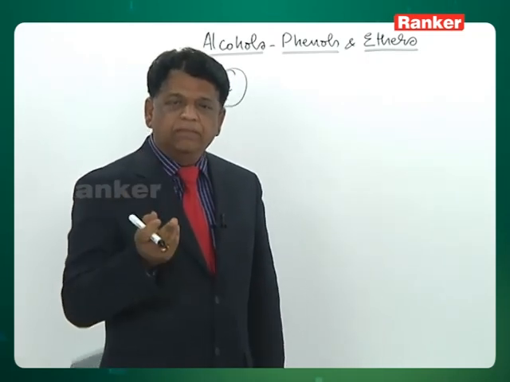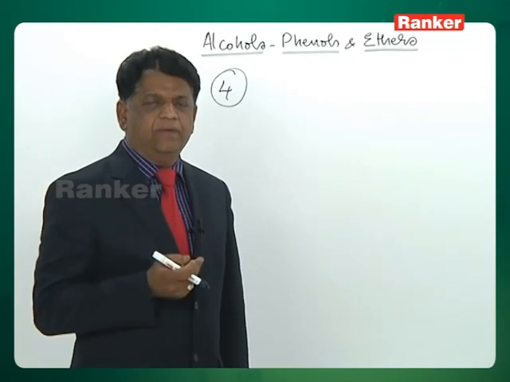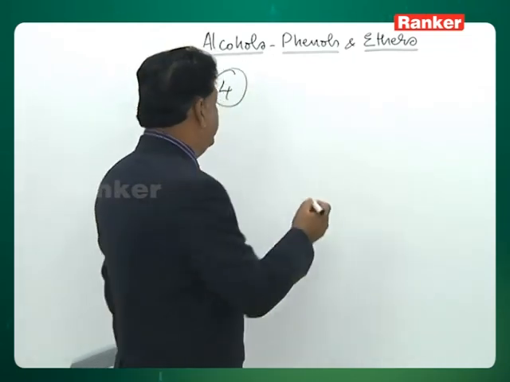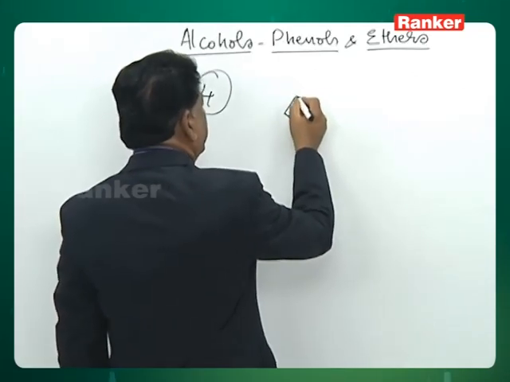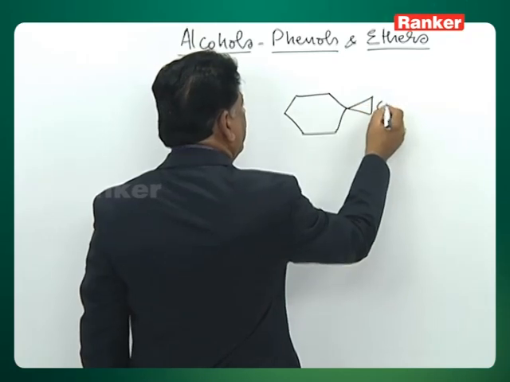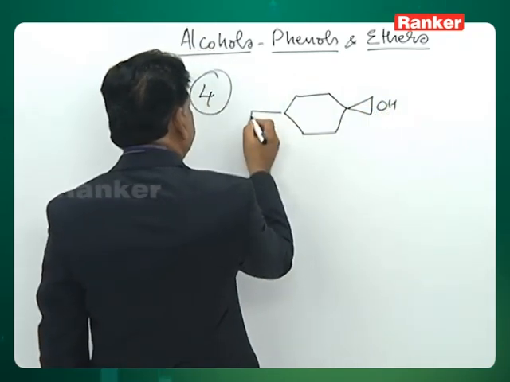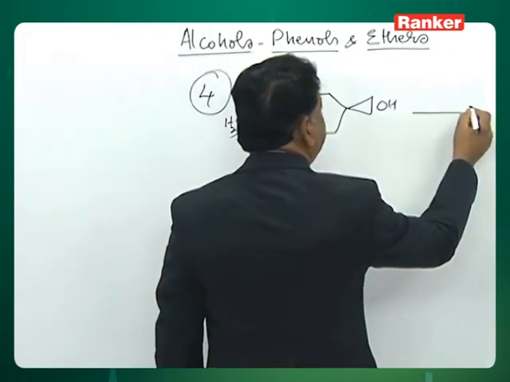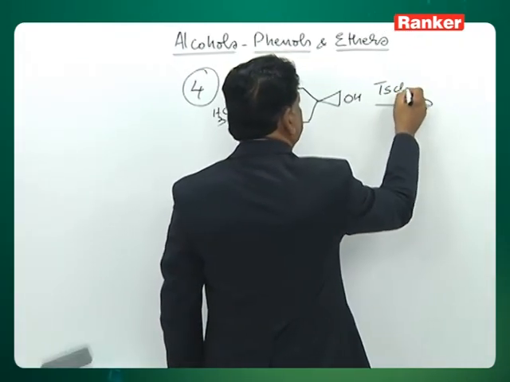On that, the TsCl is added. What is TsCl? It is known as tosyl chloride. So it is a cyclohexane containing the OH with a beta type, and the methyl is also a beta type. And this was treated with tosyl chloride.